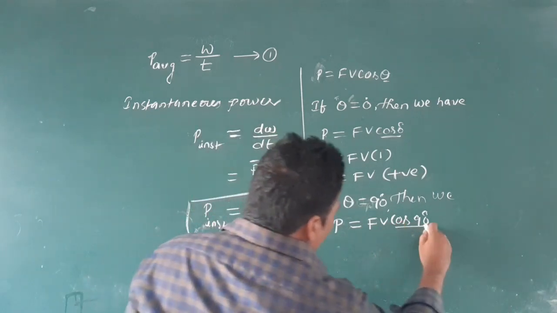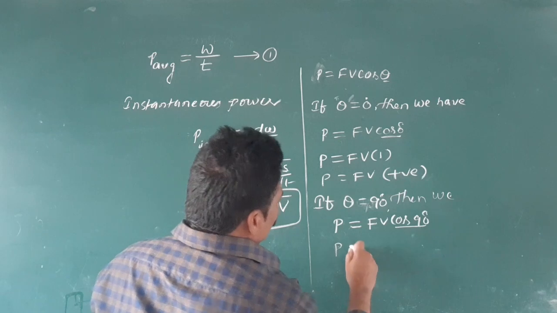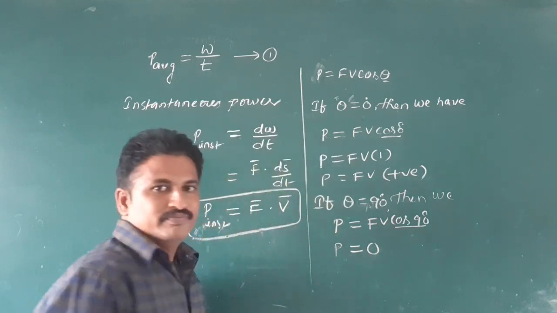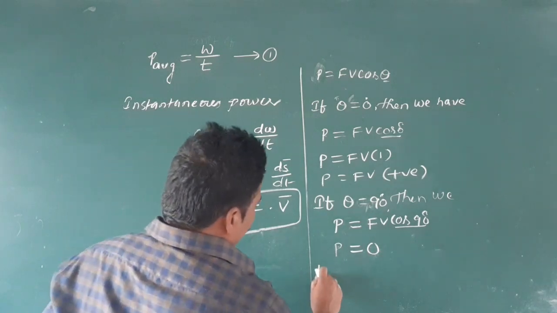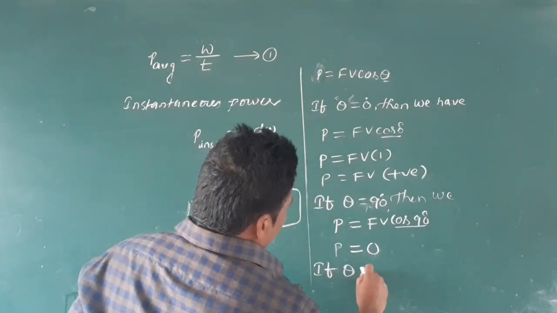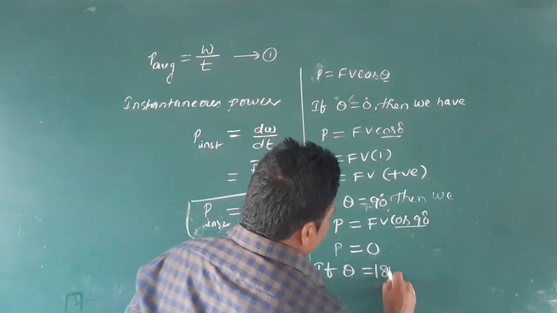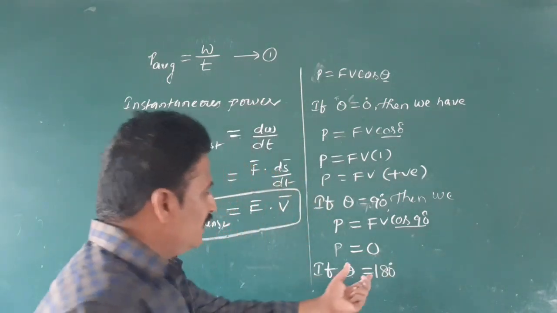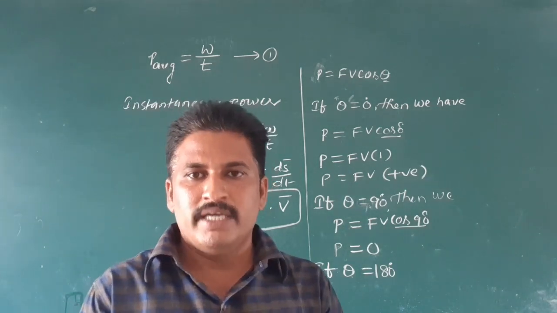Do you know, students, cos 90 is equal to 0. 0 into anything is equal to 0. So power here is 0. Right, students? Next one. If theta, that means the angle between the force and the velocity, is 180 degrees, in this case force and velocity are both acting in opposite directions.